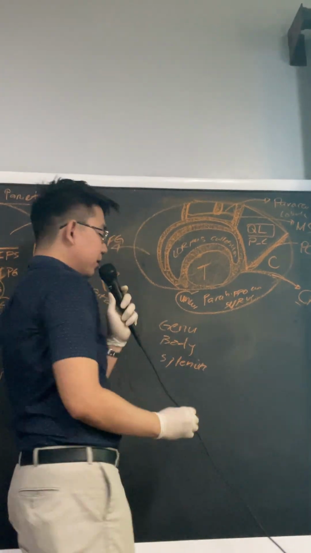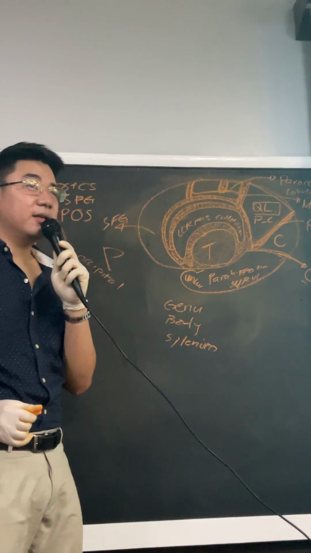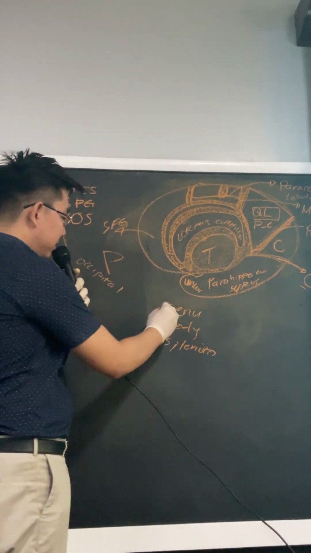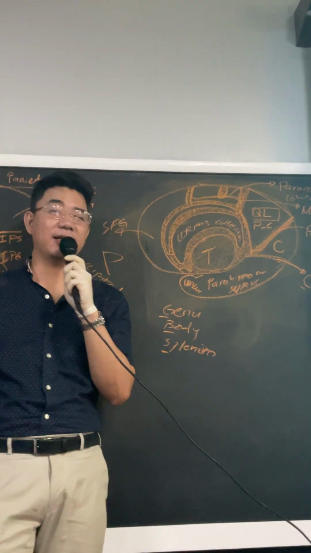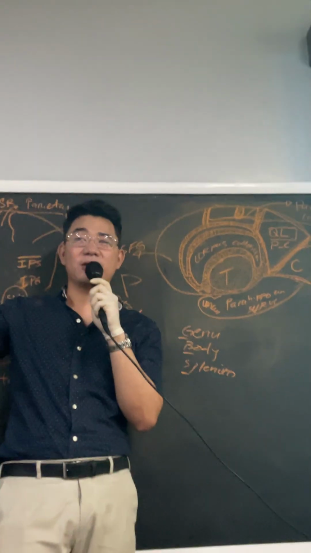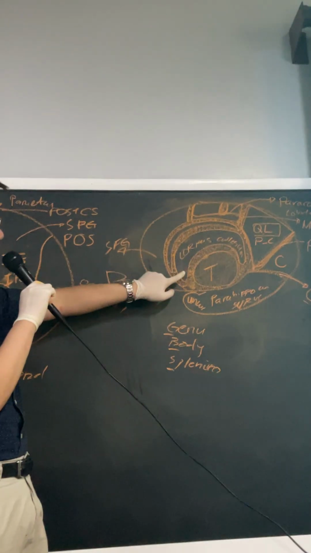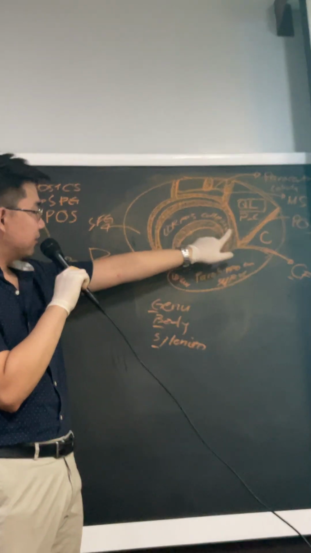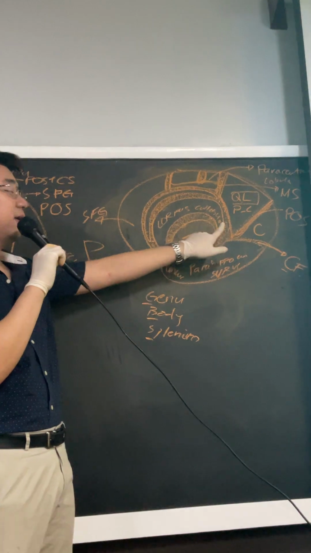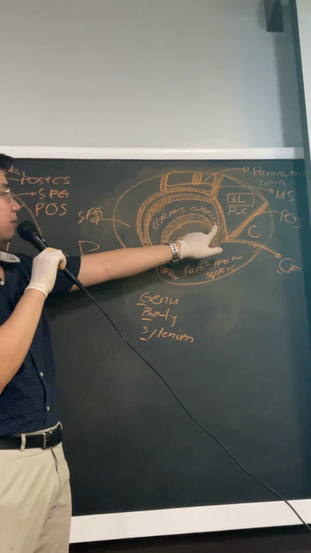The splenium. So how do you remember that? It's GBS. That's arranged from anterior to posterior. So you have the anterior here, this is the genu, this is the body, and this is the splenium. Genu, body, and splenium.